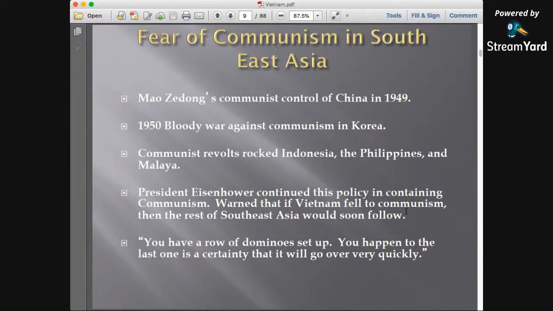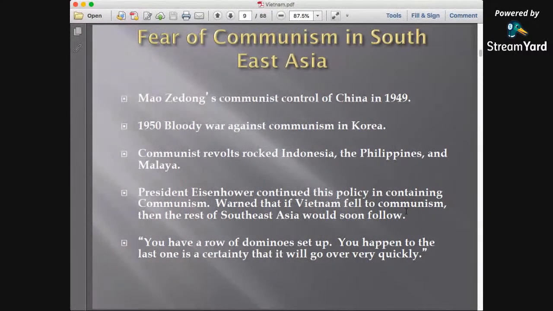There was a fear of communism in Southeast Asia that definitely blasted things through. Mao Zedong's communist control of China in 1949, pushing Chiang Kai-shek to Chinese Taipei, or modern-day Taiwan. The 1950 bloody war against communism in Korea would plague Harry Truman's presidency.